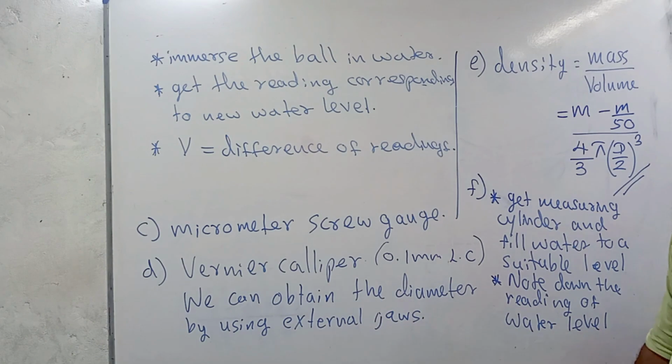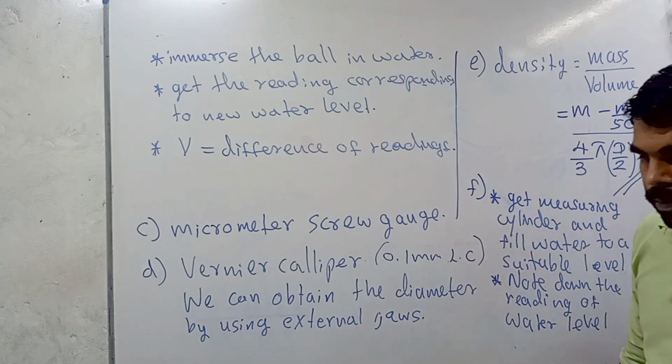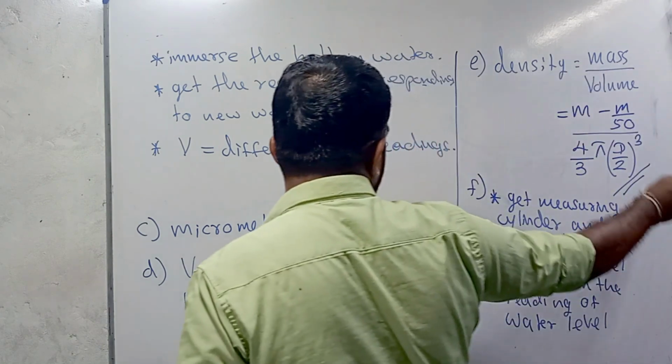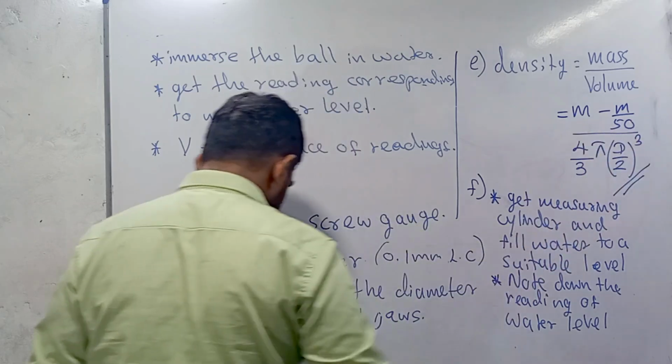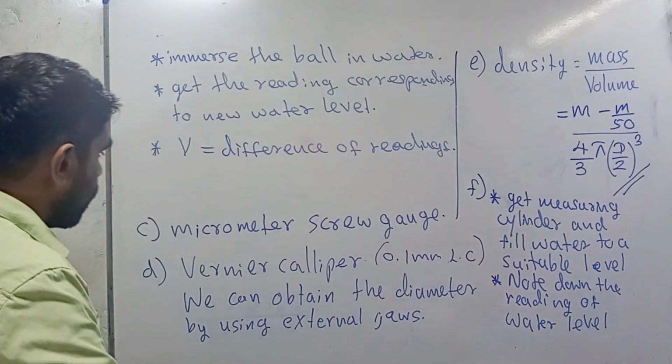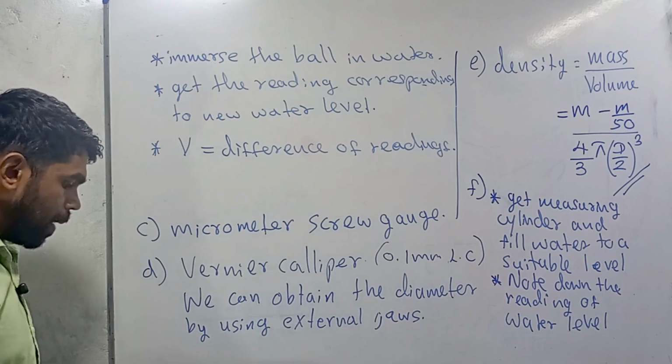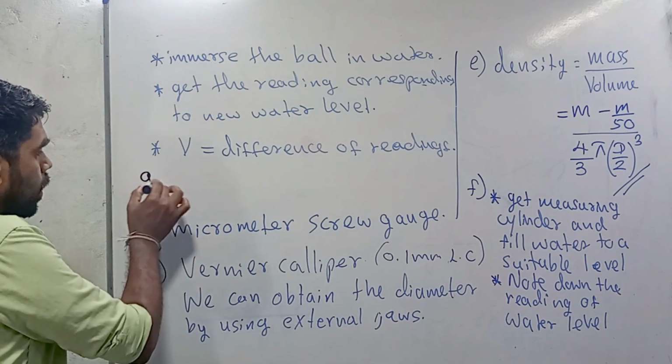Because if the sphere is non-uniform, we can't calculate its volume correctly by using this equation. We can get an approximate value, but it is not correct.